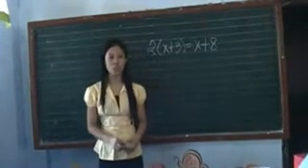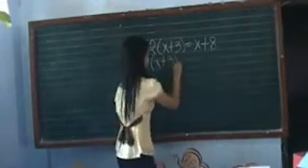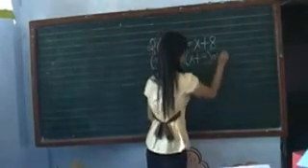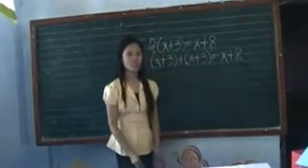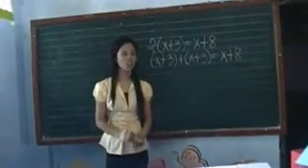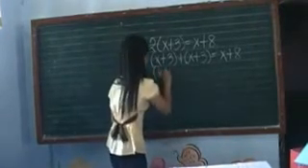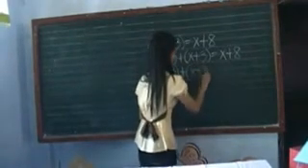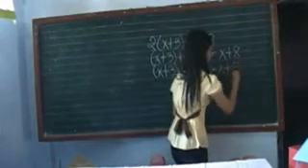We can rewrite the equation as the quantity x plus 3 plus the quantity x plus 3 is equal to x plus 8. We can write also 8 as 5 plus 3. So the quantity x plus 3 is equal to x plus 5 plus 3.